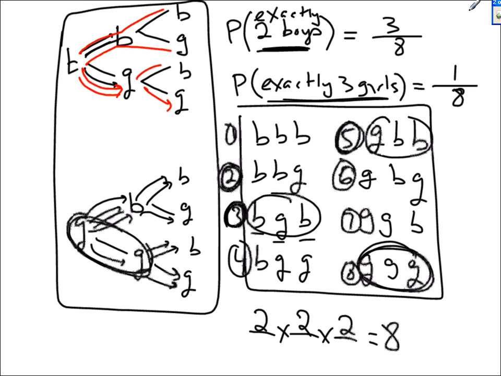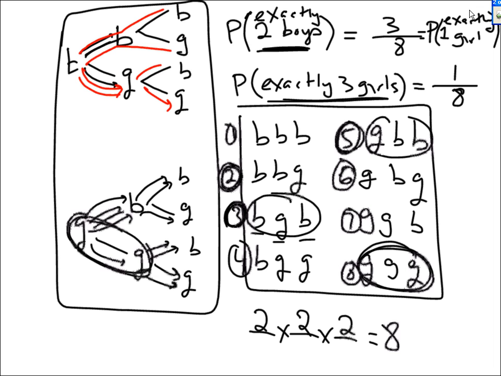Remember, if you have 3 children and you have 2 boys, that really means 1 girl. The probability that you have exactly 1 girl is going to be the same as the chances that you have 2 boys. Because think about it, if you have 2 boys, then you had 2 boys and a girl.